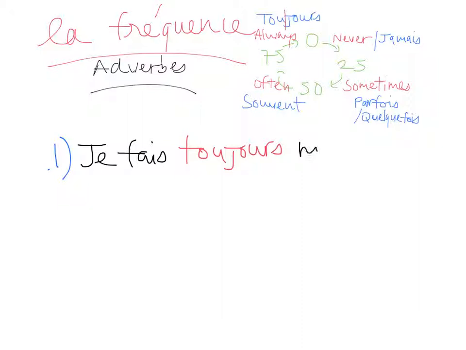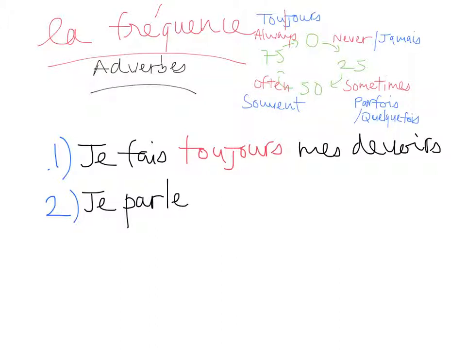I always do my homework. Okay? Now, you talk with your really good friend. There is that friend, that classmate that you talk a lot with. Je parle souvent. I often talk. Je parle souvent avec Thomas. I often talk with Thomas.